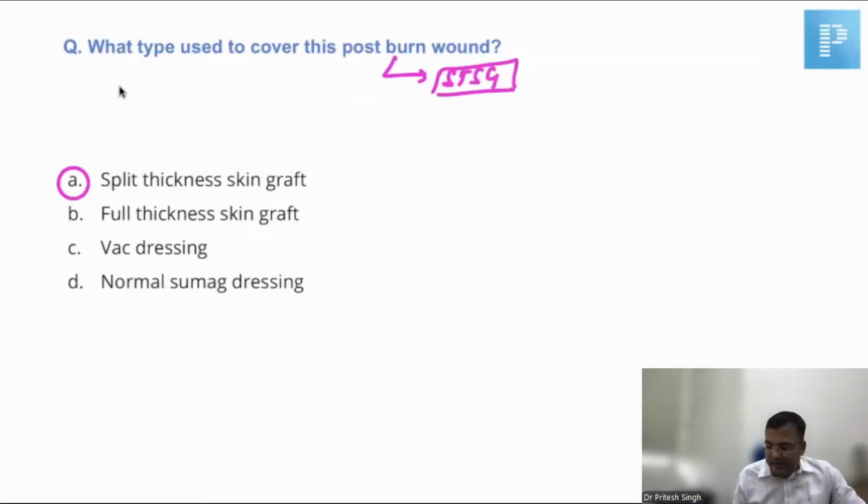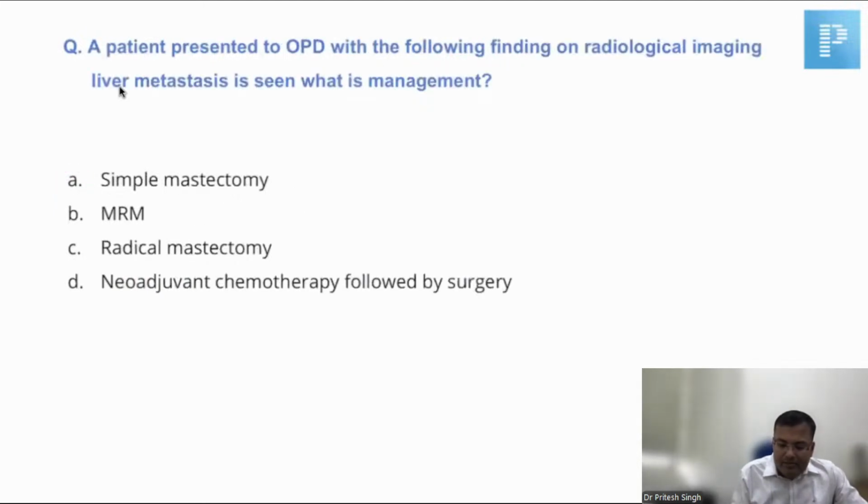Clear? Next, a patient presented to OPD with the following finding on radiological imaging. Liver metastasis is seen. Guys, apart from liver metastasis, what was the other finding? One person was telling me it was a tumor. Let me check.